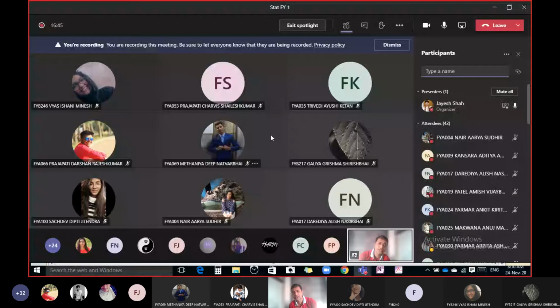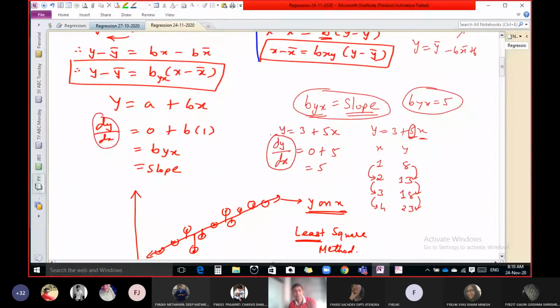It indicates the same thing as slope: the change in the value of y for a unit change in the value of x.